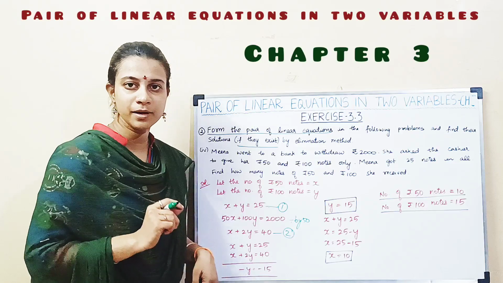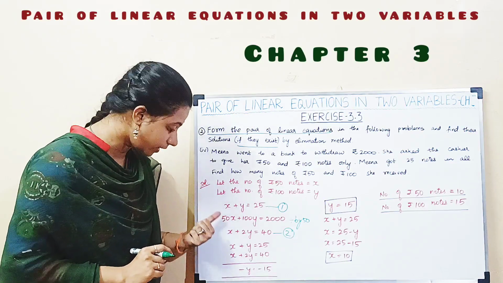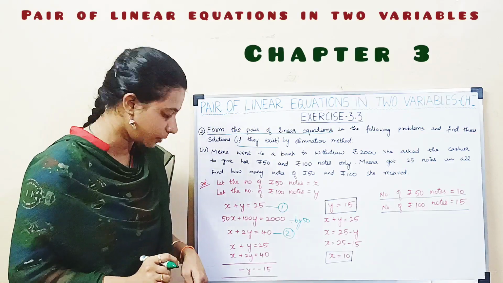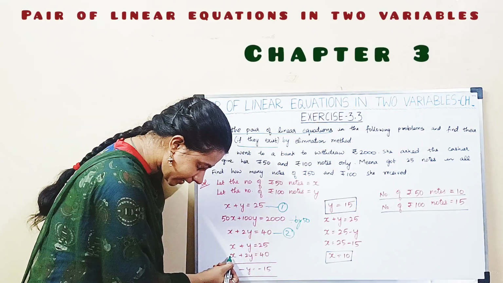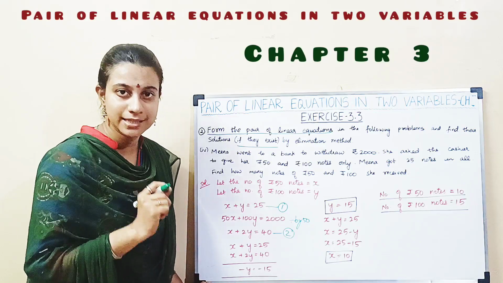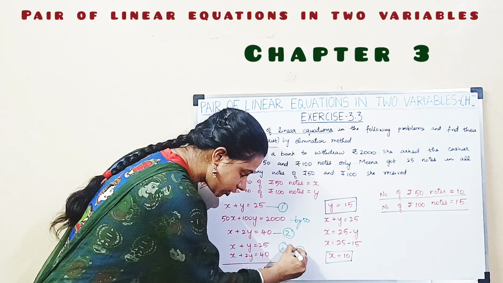Now for solving by the elimination method, we have to see the coefficients of equations 1 and 2, and here clearly the x variable has the same coefficient in both equations. So we can directly proceed. x plus y is equal to 25 and x plus 2y is equal to 40. Here the coefficients are of the same sign. So what will we do? We will do equation 1 minus equation 2.